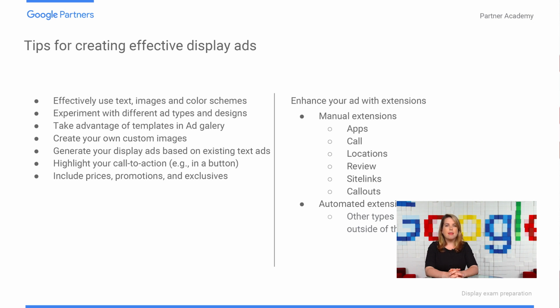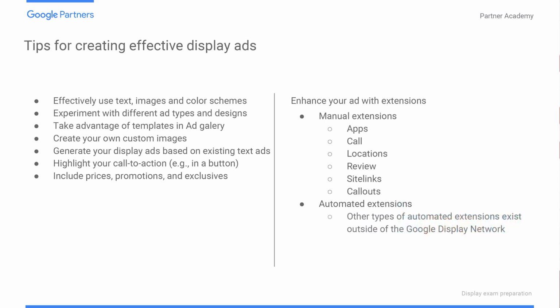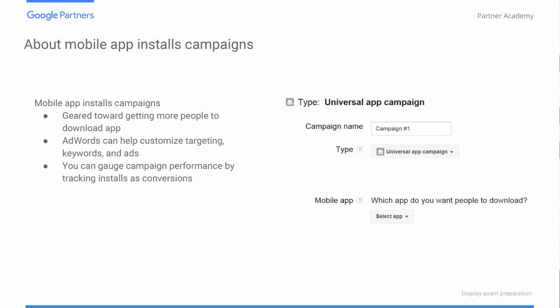Site link extensions that link to another page on your site. And call-out extensions that add descriptions of what you're offering. There are certain types of automated extensions, and most types of automated extensions exist outside of the Google Display Network. The ad gallery lets advertisers easily create and change your ad text.